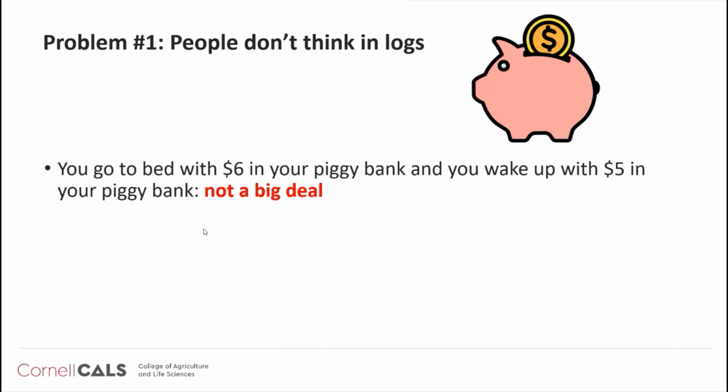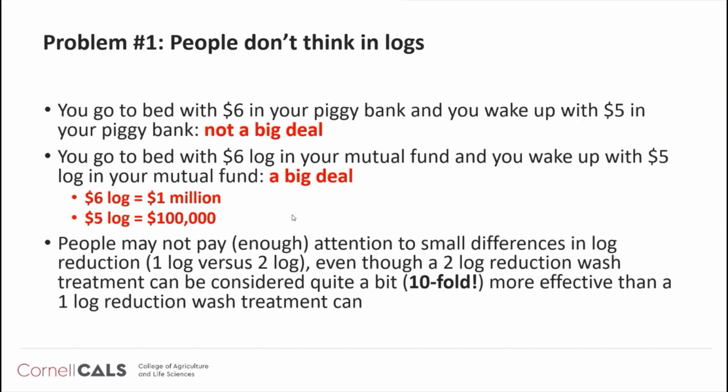However, when we talk about log scale, if you were to go to bed with 6 log in your mutual fund now that you're an adult, and you wake up with 5 logs in your mutual fund or your investments, that is a big deal, because you went from 1 million to 100,000, a 10-fold reduction. So if you just use log numbers in conversations, for example with staff in produce facilities, as we talk about some of these microbial control strategies, they may not understand the scope and scale because of these log reduction values.